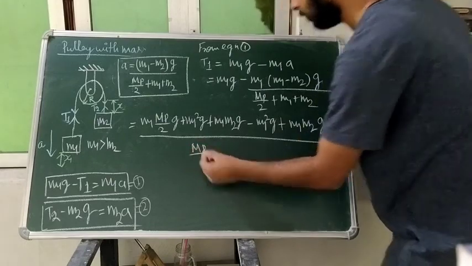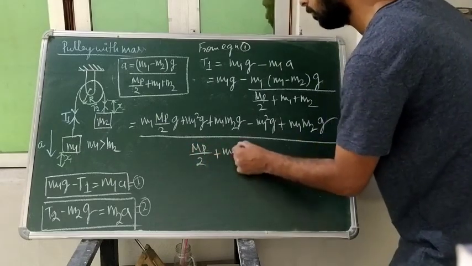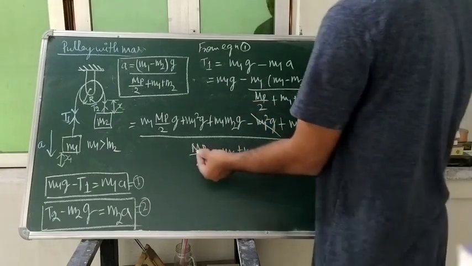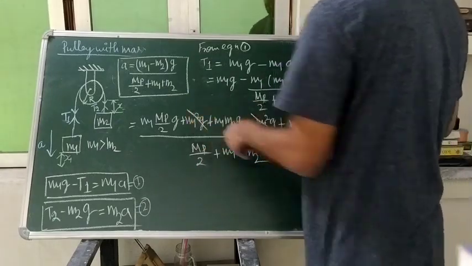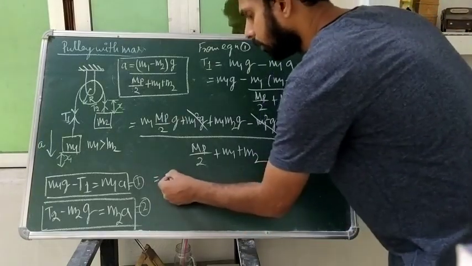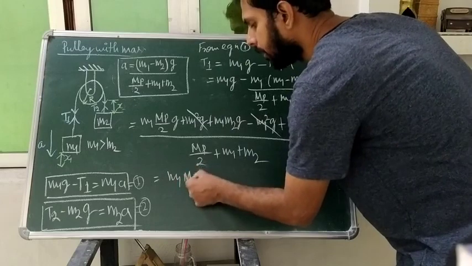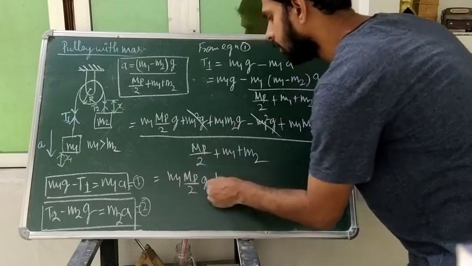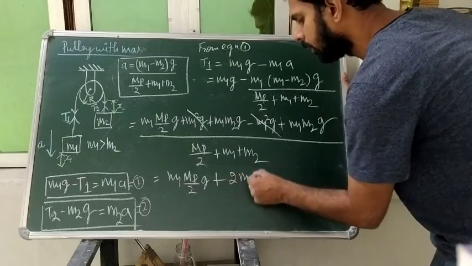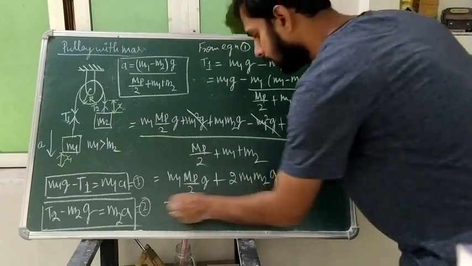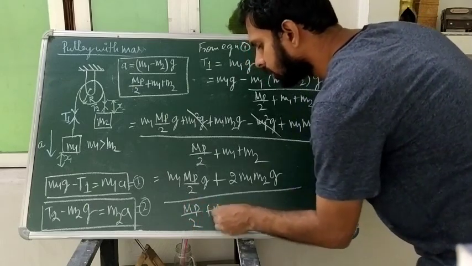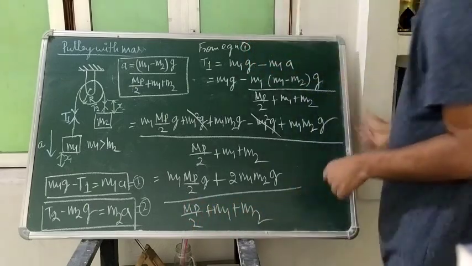This mass of pulley divided by 2 plus M1 plus M2. This will get cancelled out, minus and plus will get cancelled out, and this will become M1 times mass of pulley by 2 times G plus M1 M2 G. M1 and M2 G is present, so 2 times M1 M2 G will come divided by what? Mass of pulley divided by 2 plus M1 plus M2.